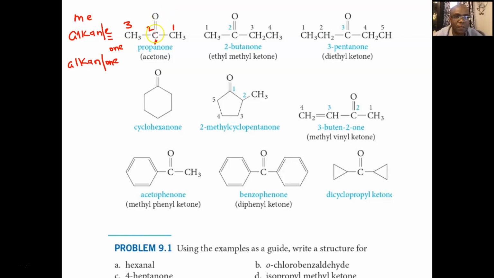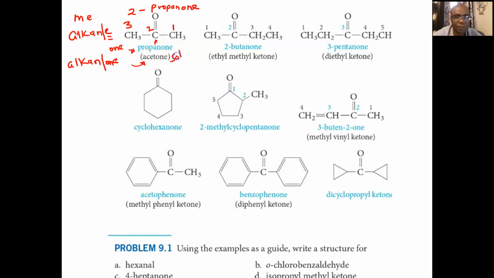So you have the carbonyl on the second carbon. This name here would have been 2-propanone. And because you don't have any option to put the carbonyl somewhere else and still have a ketone, it's okay to just call it propanone without specifying the position, because if the carbonyl is at either end, it becomes an aldehyde.